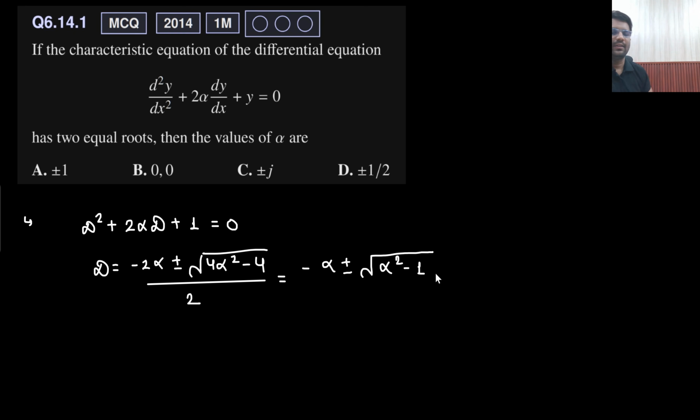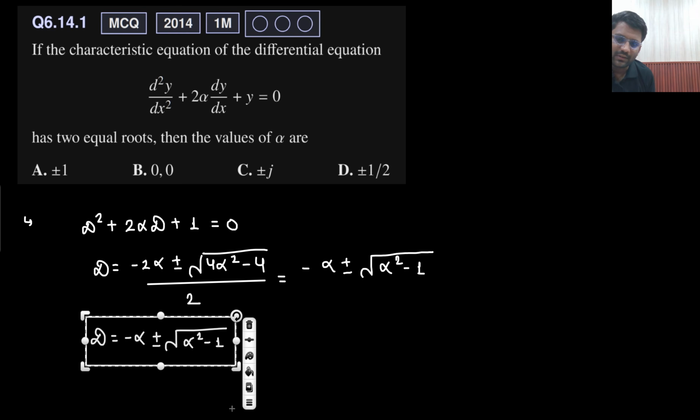From here I have taken 4 outside, so under root 4 will be 2, and 2 and 2 get cancelled out. Minus alpha plus minus under root alpha square minus 1. This is the value of D, these are the roots that you are getting.